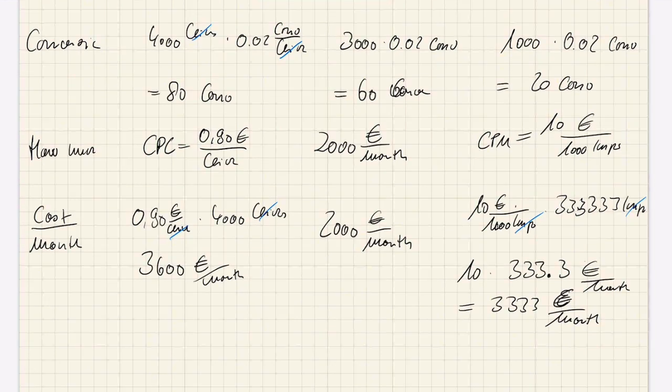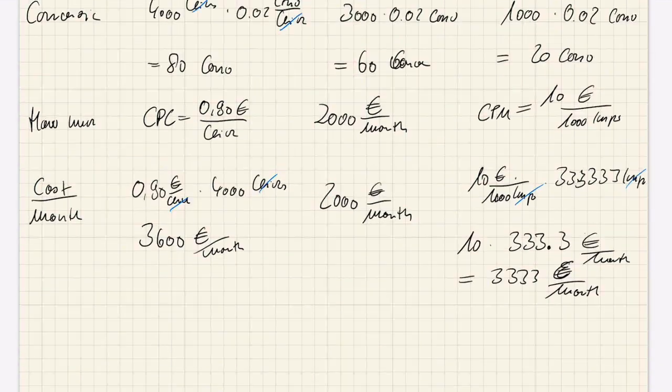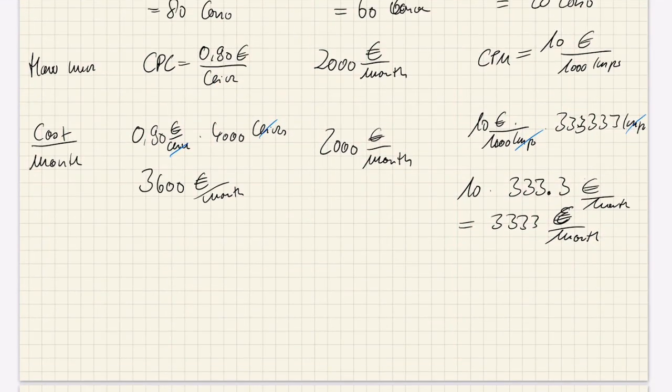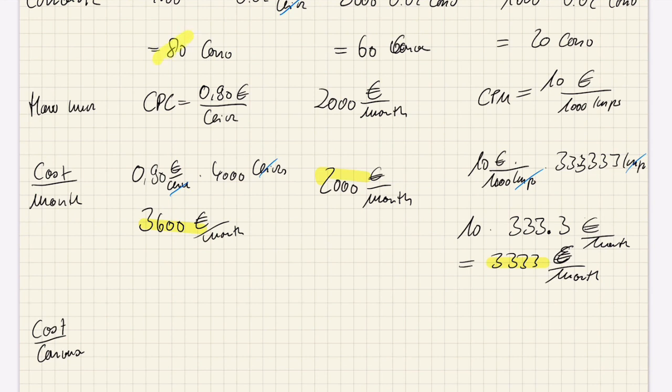But now check how much is a conversion. So what you can see, cost per conversion. We now have to take the sums we have calculated, that is the 3,600, the 2,000 and the 3,333, and divide them by the number of conversions we have calculated before, 80, 60, 20.